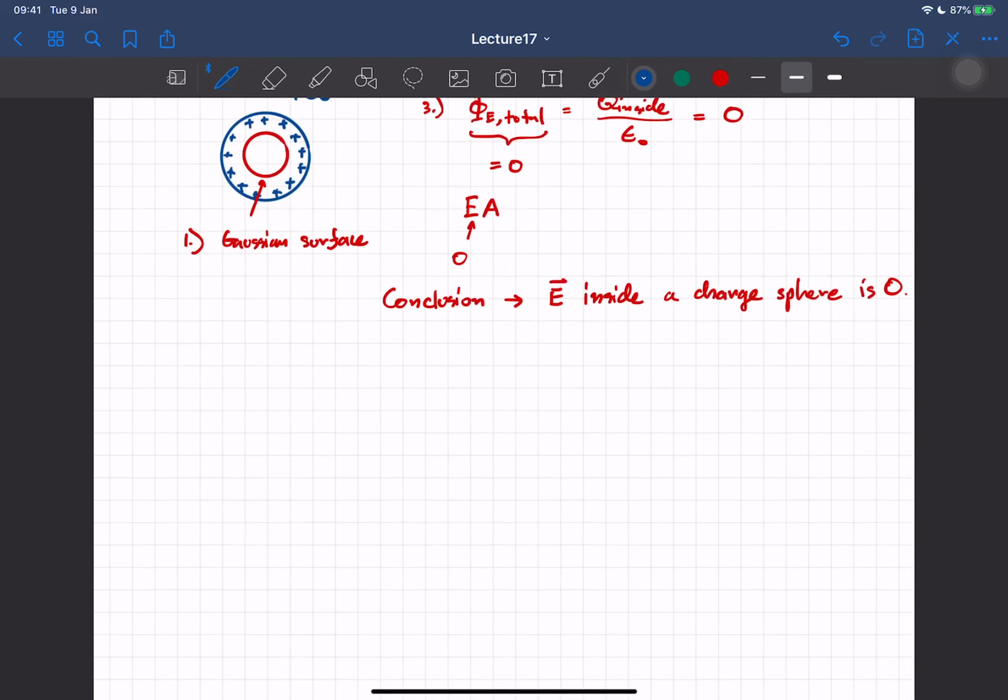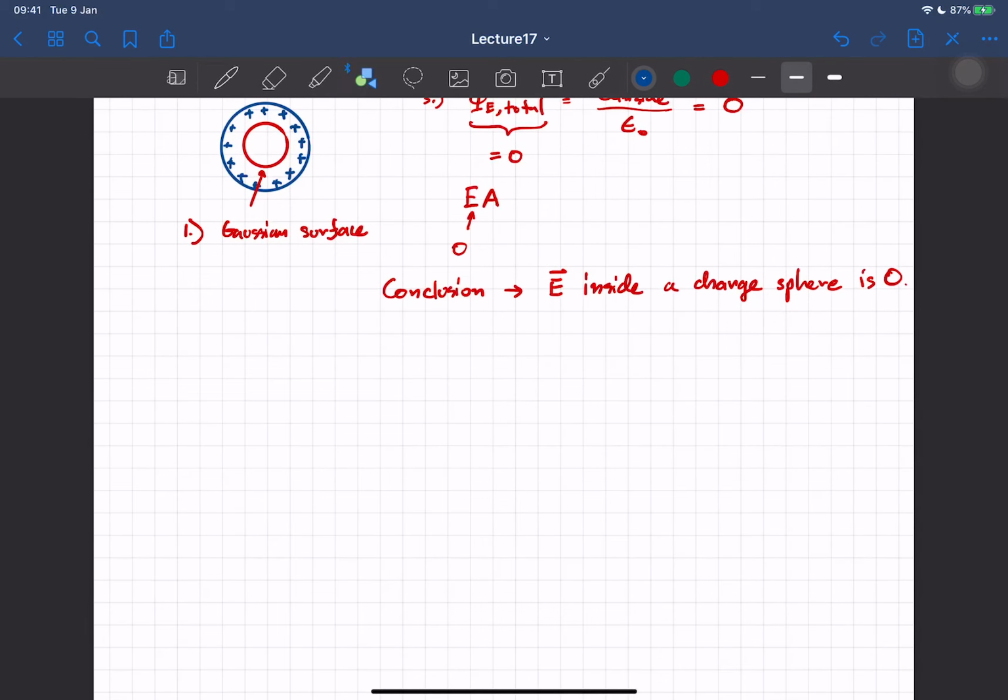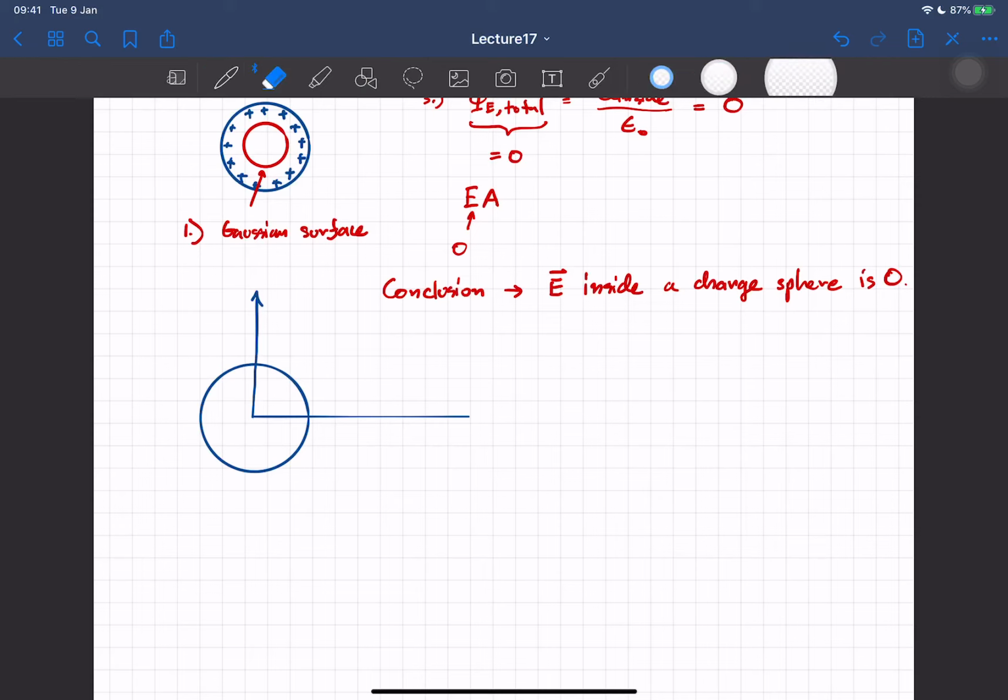Okay, so if we were to plot the electric field of a spherical charge as a function of the radius, which is the distance from the center of the sphere, let's say this sphere has a total of plus Q charge, and they are all at the surface. We need to find the electric field.